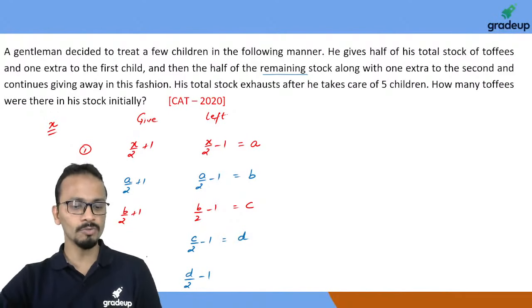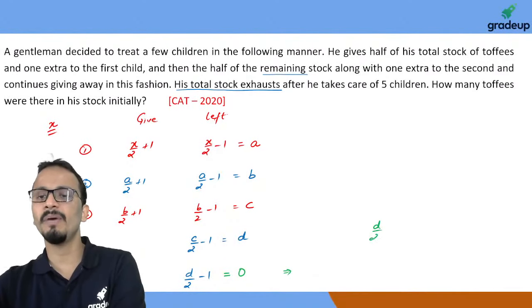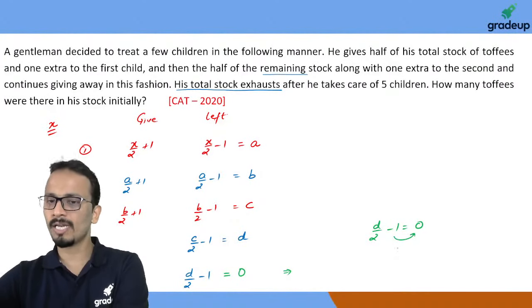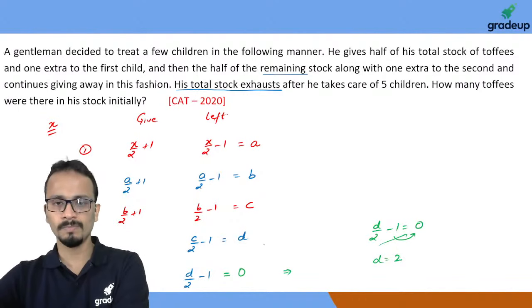Let's find the value of D from here. If D by 2 minus 1 is equal to 0, the minus 1 will go to the right hand side and become 1, and then 2 will be multiplied. So the value of D will be equal to 2.